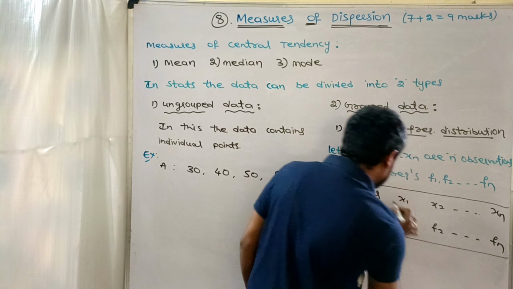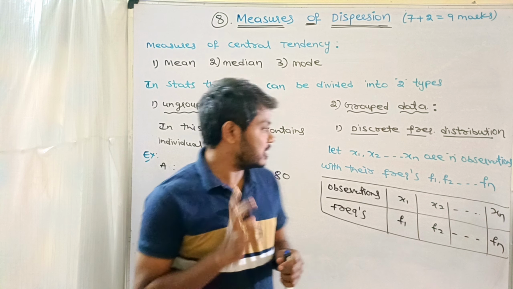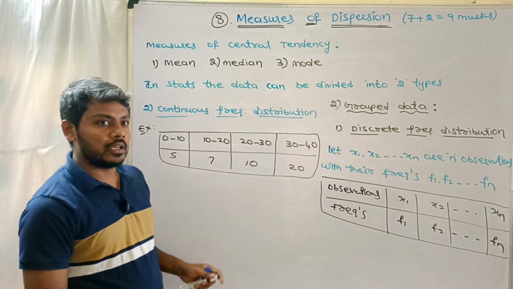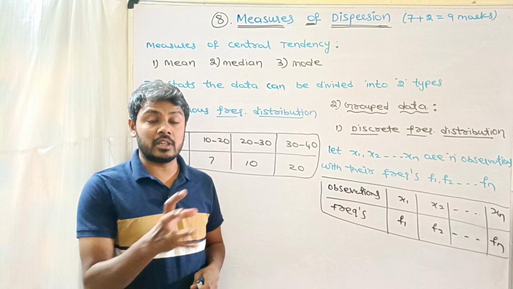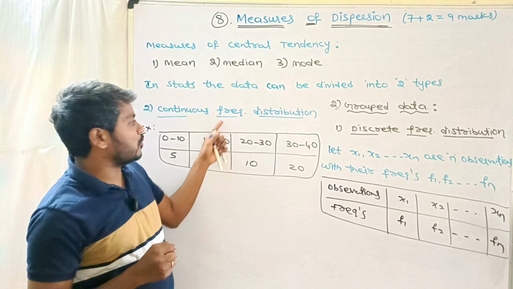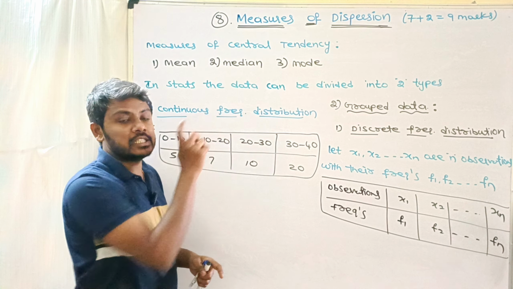In this, the data contains intervals. See that? So clearly 0 to 10, 10 to 20, 20 to 30, 30 to 40. These are the intervals. So this type of data is called what? Continuous frequency distribution. Okay. So these are the two types of grouped data.